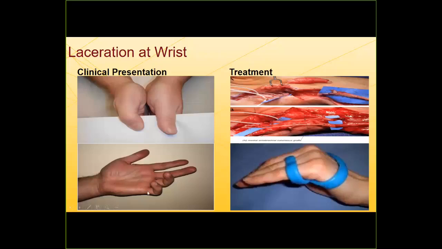The extensor digitorum can extend the proximal phalanx because it's still working, but the ability of the lumbricals and interossi that are innervated by the ulnar nerve to act on the extensor mechanism has been diminished. So there's an imbalance of strength.